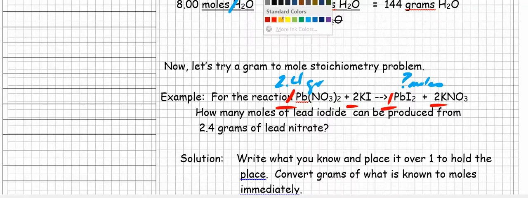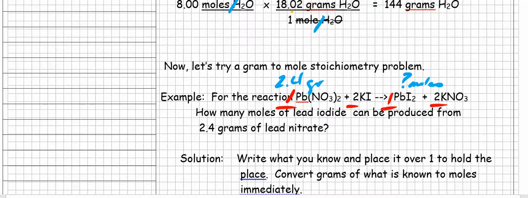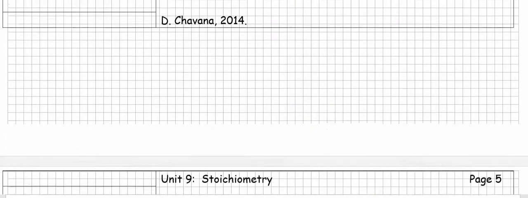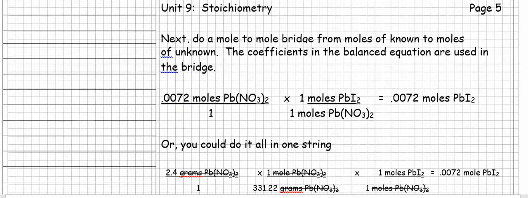But here's where the bridge is, right here. I'm going from what I know to what I'm looking for. That is the bridge. What I know to what I'm looking for. It's a 1-to-1 mole-to-mole relationship, right? A 1-to-1 mole-to-mole relationship.